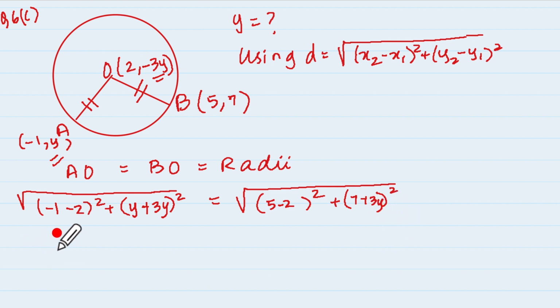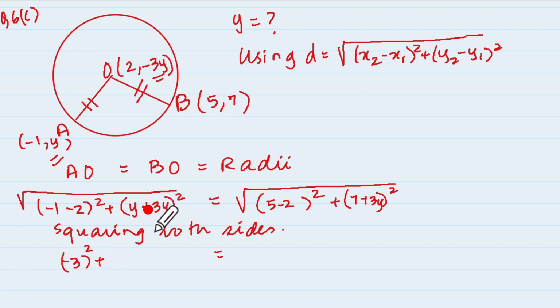Agreed? So now squaring both sides. I don't want to keep writing those root signs. So squaring both sides, we shall have this is minus 3 whole square, and this will be 4y whole square. This would be 5 minus 2, which means 3 square, correct?